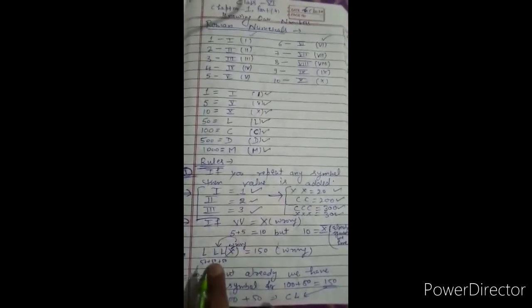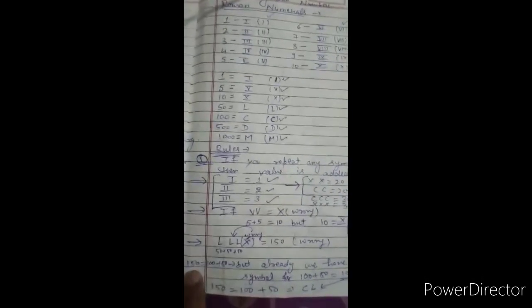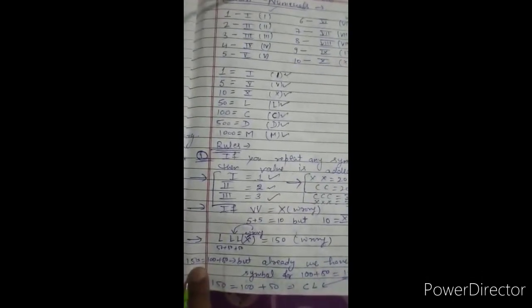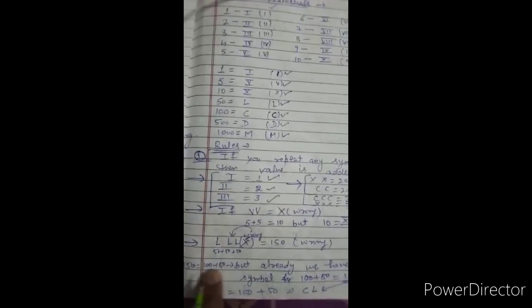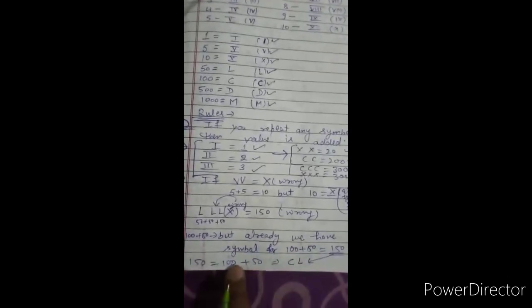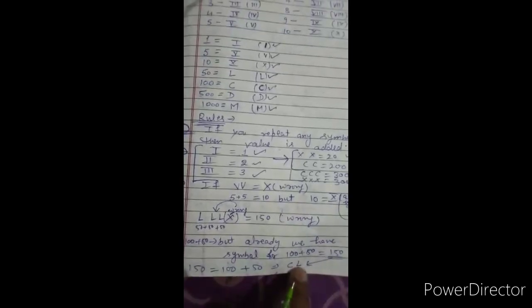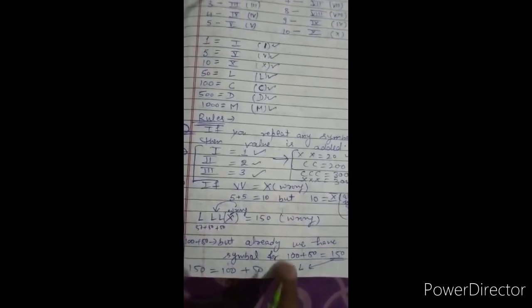because for writing in Roman numerals, we first break the number. So the right method to write 150 is 100 plus 50, and we already have symbols for 100 and 50. 100 is C, and 50 we have to write ahead, further to C, not on the back side.